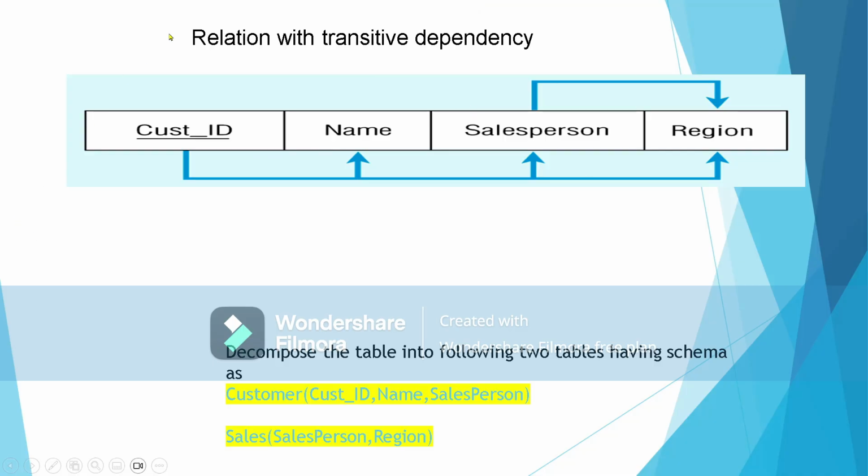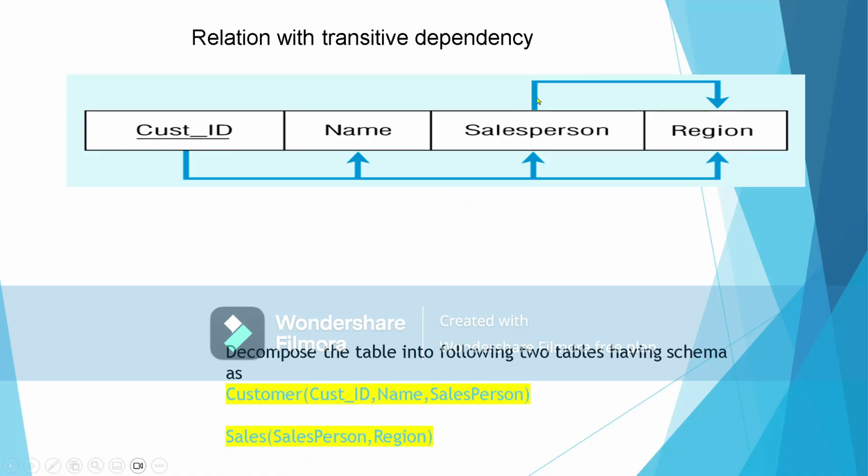Now consider this simple example. Here customer ID is the primary key which can identify the name of the customer, salesperson, and region. Also, it shows the dependency in the sales table.